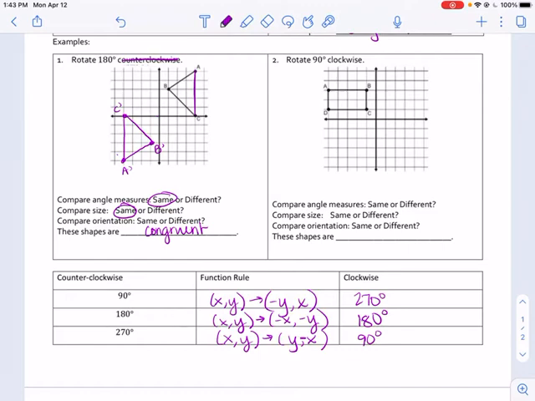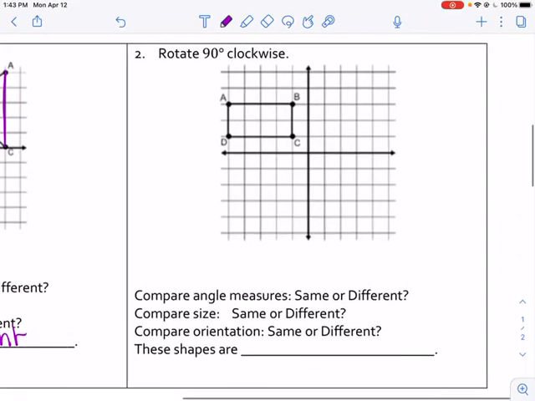So let's look at this one. I'm going to find all of my coordinates. Whew, there's 4 of them, but I can do it. A, the coordinate is (-5, 3). B is (-1, 3). C is (-1, 1). And D is (-5, 1).